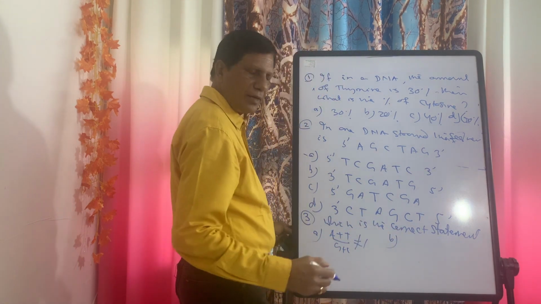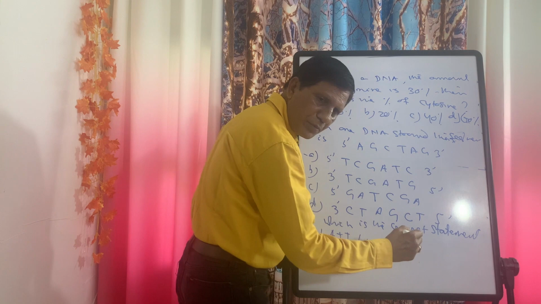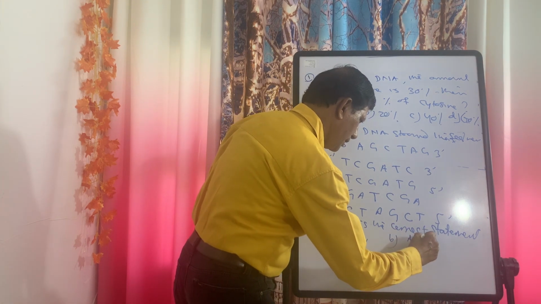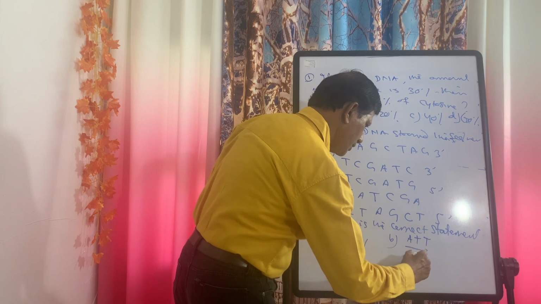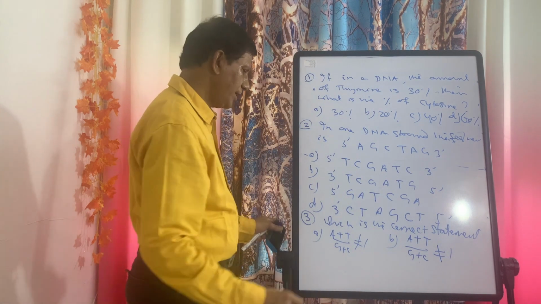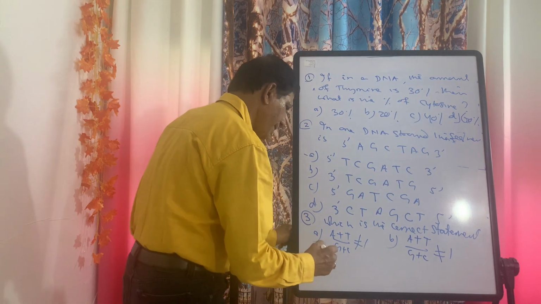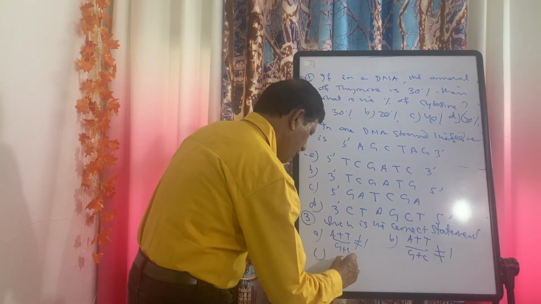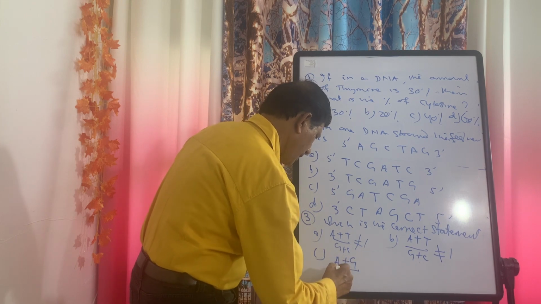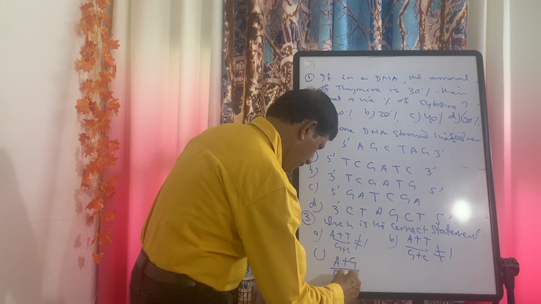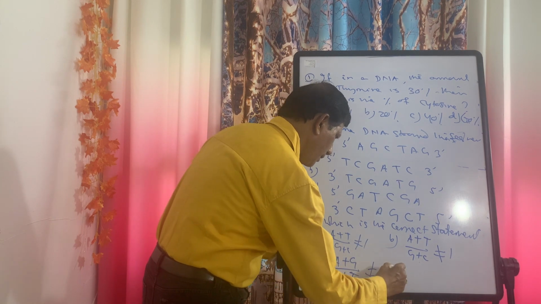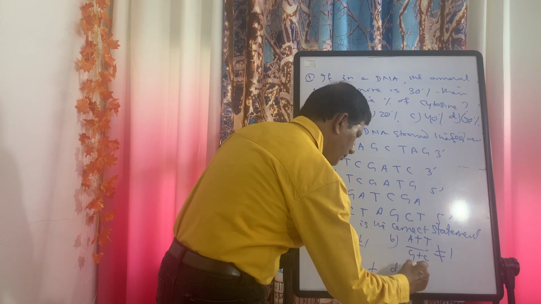B choice, A plus T divided by G plus C is not equal to 1. Then third choice you can write, A plus G divided by C plus T is not equal to 1. D choice, none of the above.